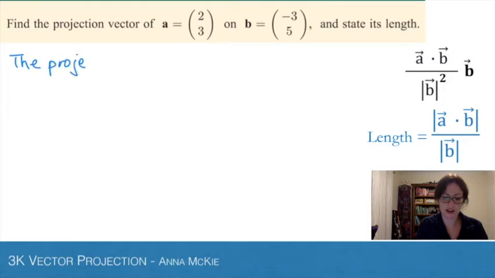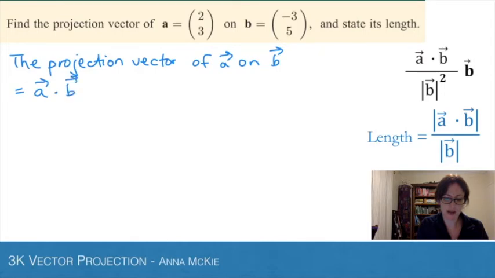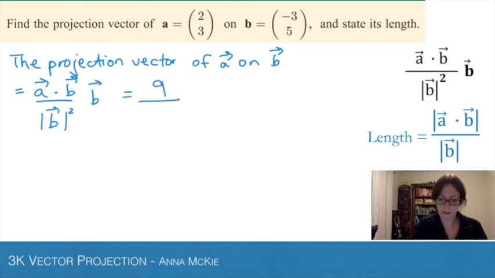I'm going to write out the formula because I find that really helpful to get my head around which components I need to use. So the dot product was 9, and the magnitude of B was square root of 34, and it's saying we square that, so we're left with 34 there, and then that's multiplied by vector B.